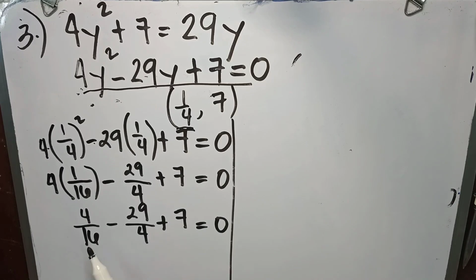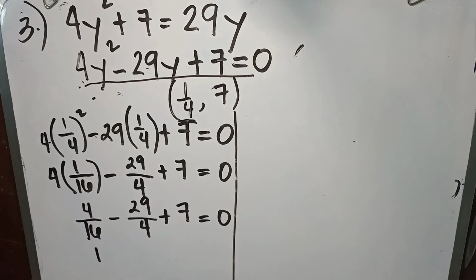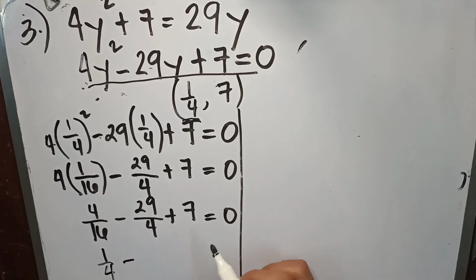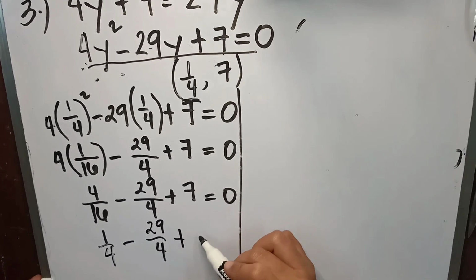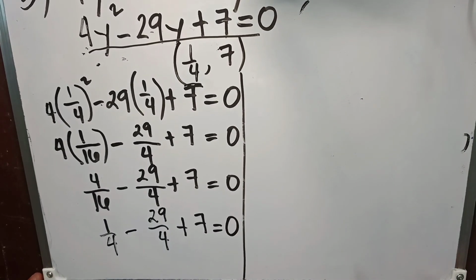Now, we need to reduce this fraction. 4 divided by 4 is 1. 16 divided by 4 is 4. Minus 29 over 4 plus 7 equals 0.